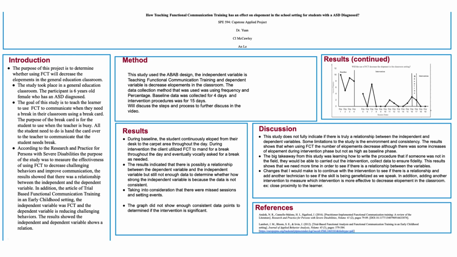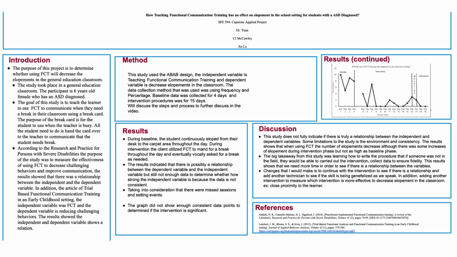After the 16th day of the intervention, I went back to baseline, which means no prompting and not guiding the student to ask for a break. We did see an increase, but not as high as the first baseline, and then when I went back to intervention, the elopement did decrease. This shows there is a relationship, but not quite strong enough to say there is a strong relationship between the independent and the dependent variable.